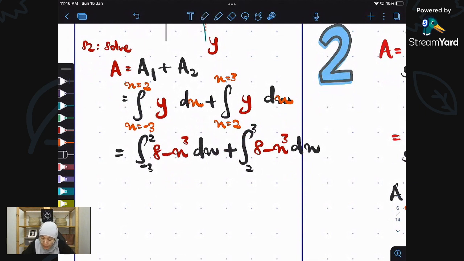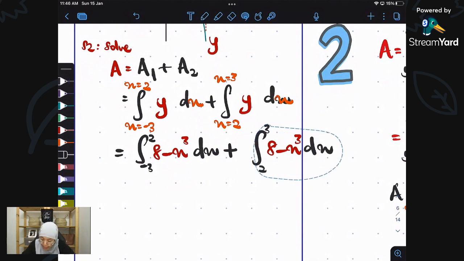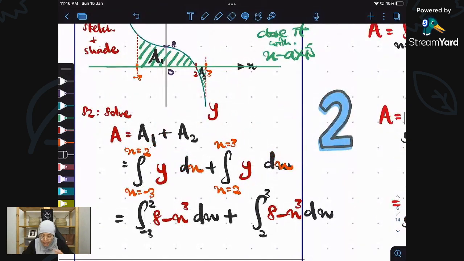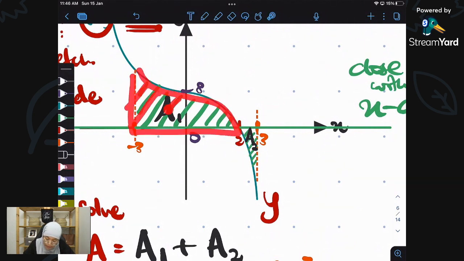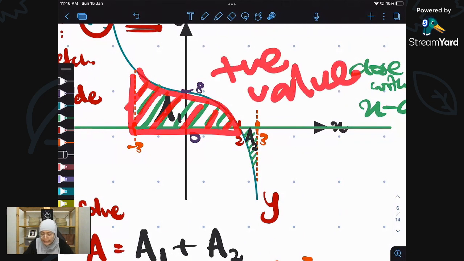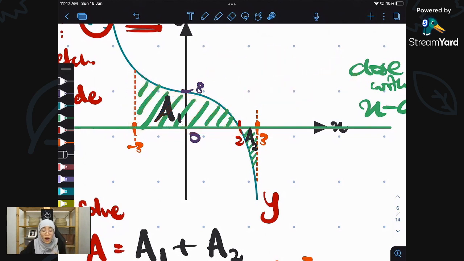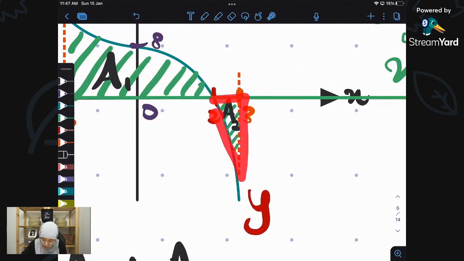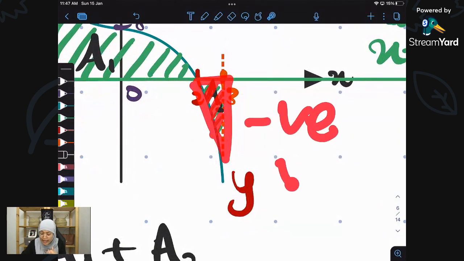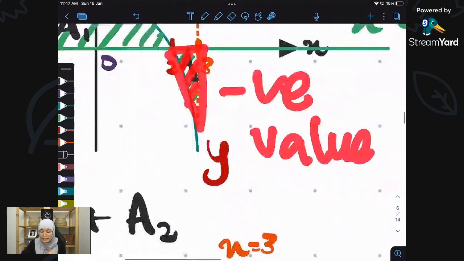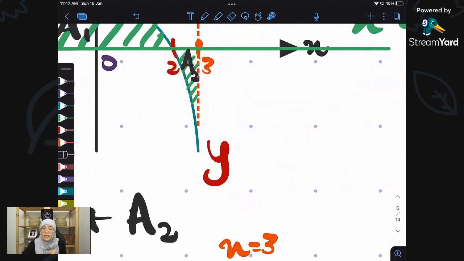Cumanya, di sinilah permulaan saya nak menunjukkan bahawa magic di sini. Kenapa ada magic? Sebab tak semua orang tahu bahawa region yang di atas x-axis, dia adalah sentiasa positive value. Tetapi kalau region di bawah x-axis, tak semua orang tahu bahawa dia sebenarnya adalah nilai negatif. Dan area, mana mungkin kita nak negative value?